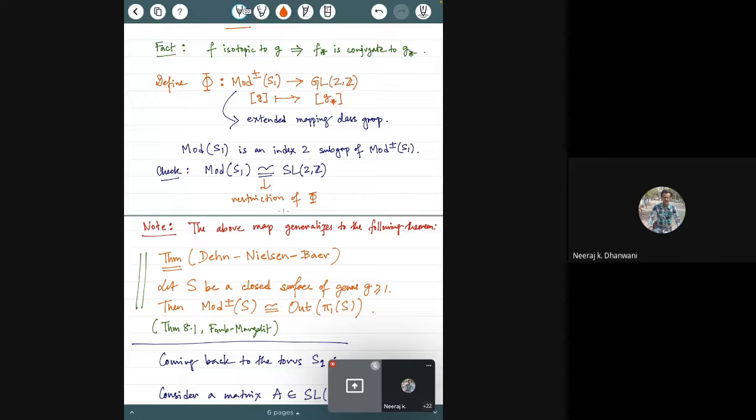Because you have to pick a conjugate. I think the mistake in my understanding is, if they are two isotopic maps, then they will induce the same map on the fundamental group. Actually, on the fundamental group, they will be equal. So you are saying G star and F star are equal? Then only this map makes sense.